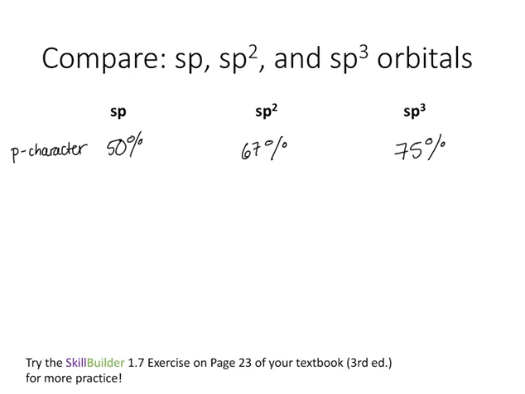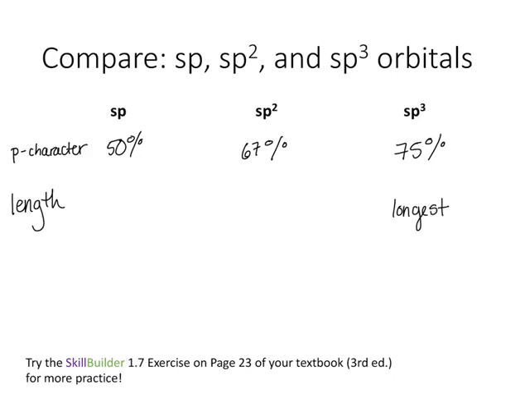Okay, so now what about length? Which hybrid orbital do you think is the longest? It would be the sp3 orbital. So that is the longest one. And that makes sense, right?